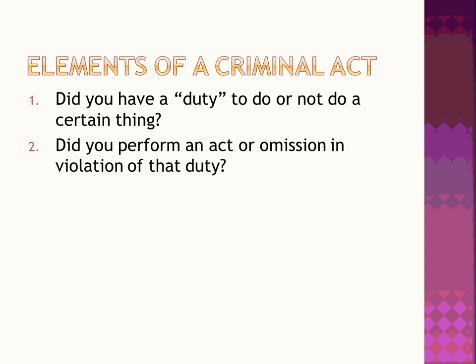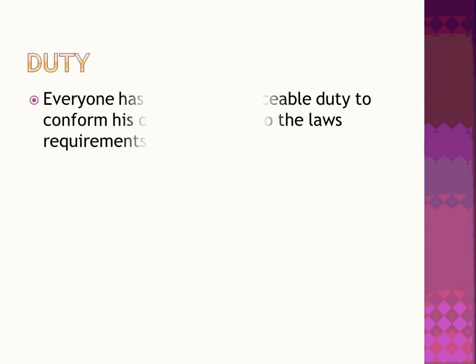Okay, so if you did in fact have a responsibility, did you violate that? Did you do something that was in violation of that? Okay, and then thirdly, did you have criminal intent? Okay, criminal intent is the one that really twists it around, so we're going to spend a little more time on that. But the first one, okay, duty.